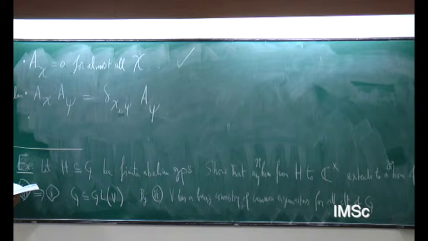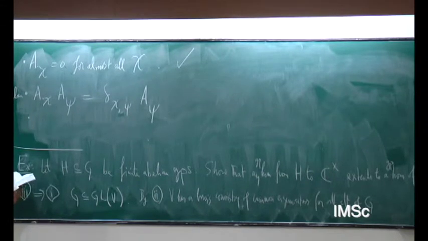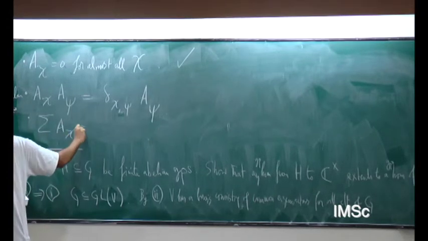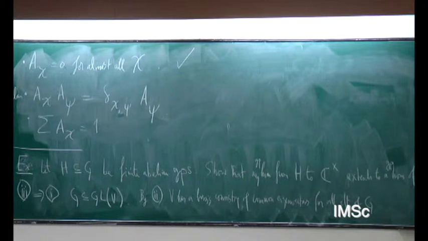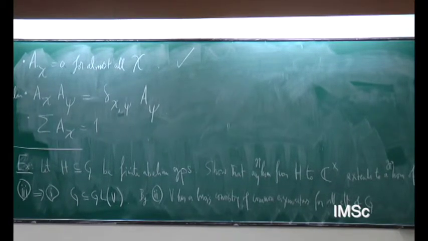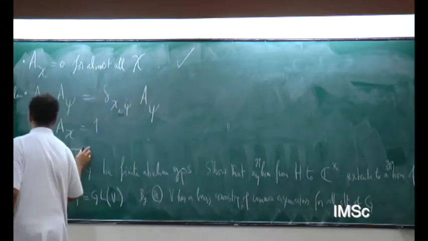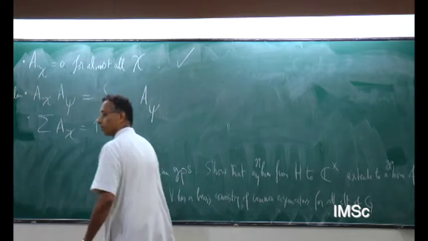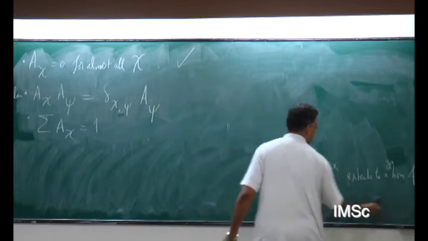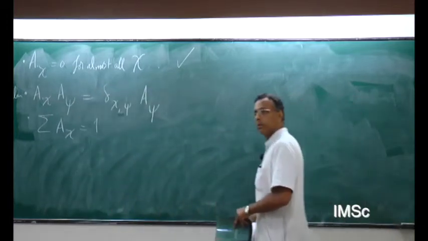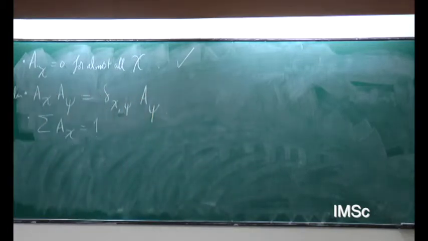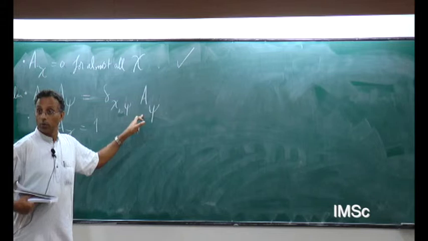And furthermore, now you have a bunch of matrices which are projections, which are orthogonal projections in the sense, in particular, A_chi squared is A_chi.